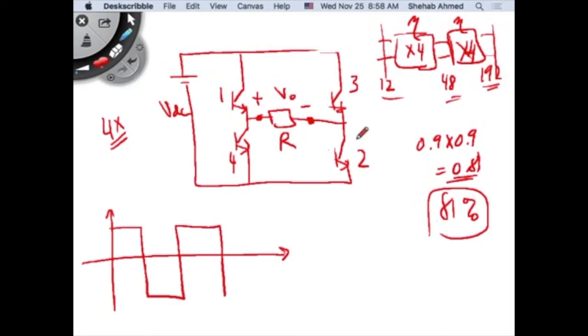Another way to do it is what you're doing in the project. You have a full bridge inverter that you are creating a high frequency AC waveform from. This high frequency AC waveform, is it a nice, beautiful sine wave? No. And I don't care for it to be, because I'm going to rectify it afterwards, right?